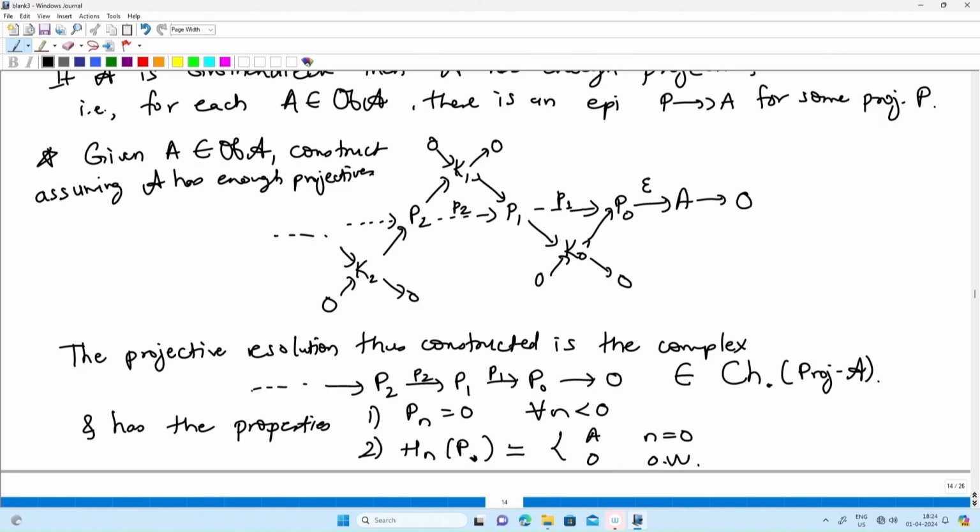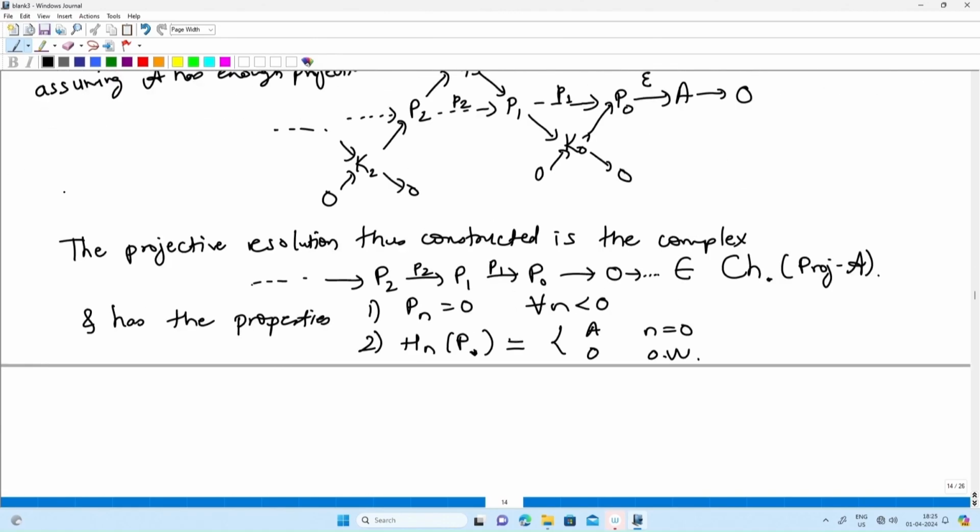Do you mean for all n greater than 0? No, actually even further, this is also 0 on this side. Once I say 0, it continues to be 0. It's a chain complex, so it has to be indexed by integers. So only at one location the homology is A, so you can recover A up to isomorphism.